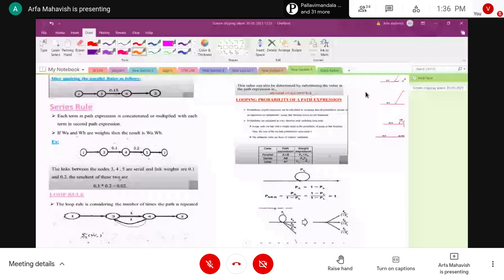So every node. Look at this, guys. One second, guys.